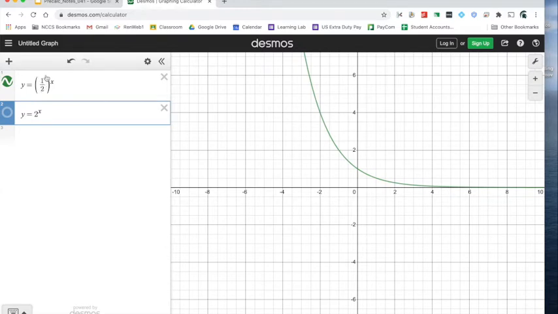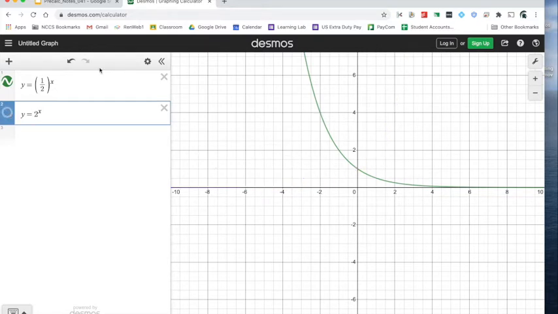So that would be, let's take 10 for example, 1 to the 10th over 2 to the 10th. Well, 1 to the 10th is still 1, but 2 to the 10th is getting really big. So we have a fraction with 1 in the top and some really big number in the bottom, and that makes the graph get really close to 0 as x gets larger, instead of on the previous graph, x was getting close to 0 as x became negative.